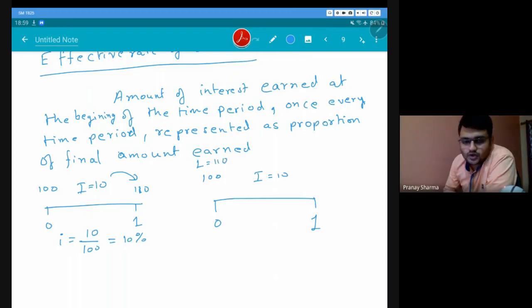So I gave you a loan of 110 rupees, from which I subtracted the interest of 10 rupees and gave you 100 rupees. How much would you return at the end of 1 year?